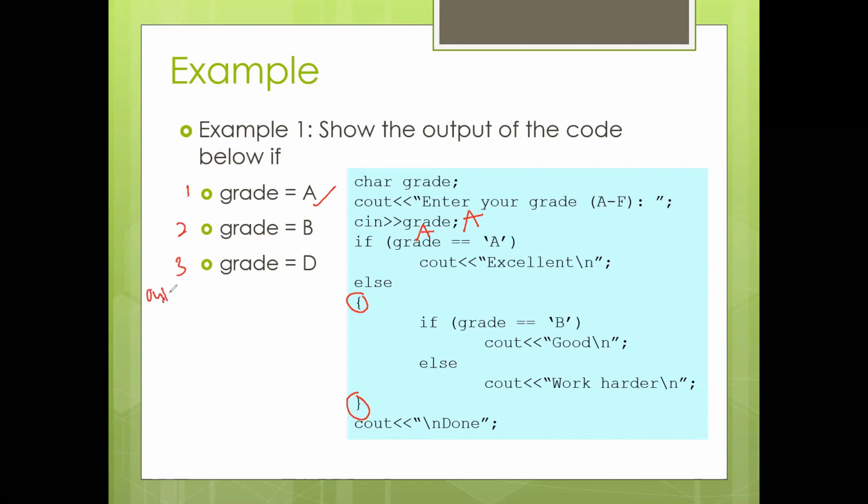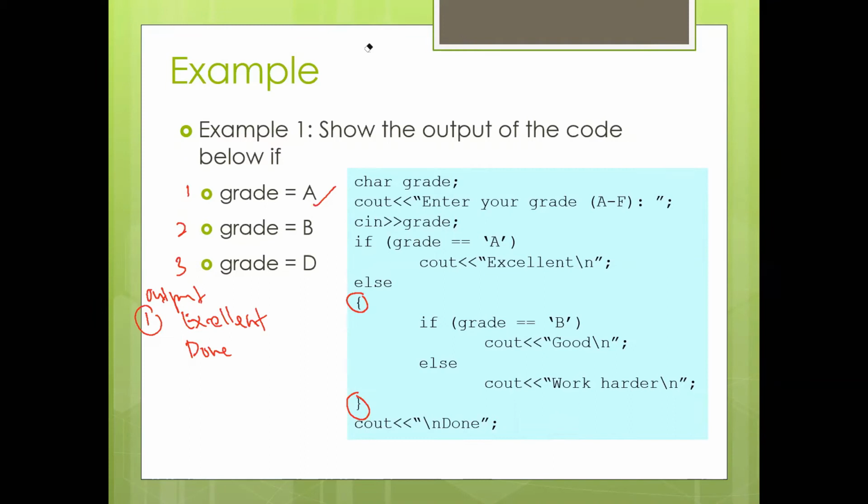So output yang pertama adalah excellent, dengan backslash n. So dia pergi tak sini? Tak. Bila once dia dah betul yang ini, dia akan skip yang ini. Dia akan terus pergi yang ini. So excellent, dia akan ke bawah. Dan itu maksudnya.